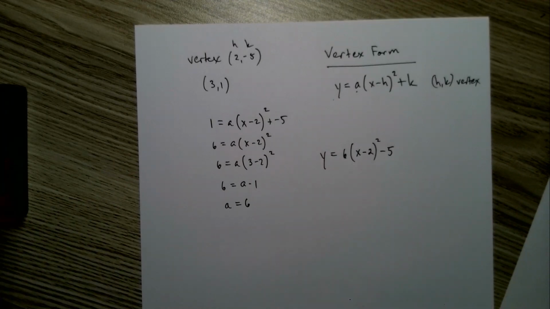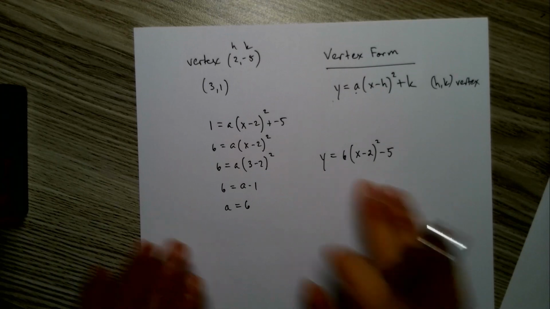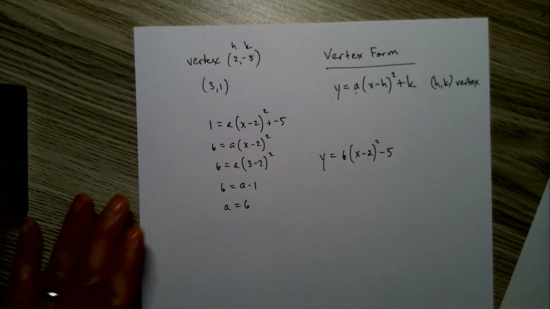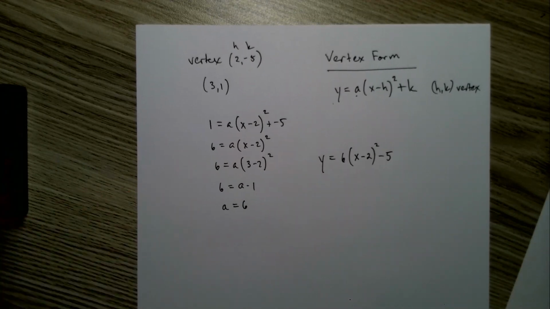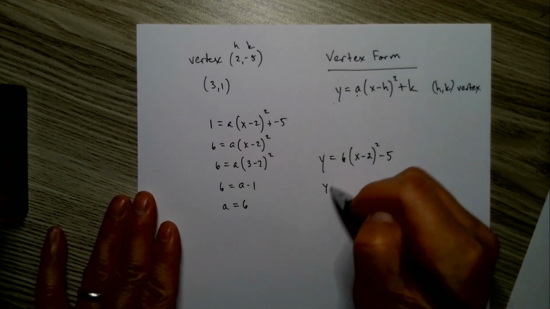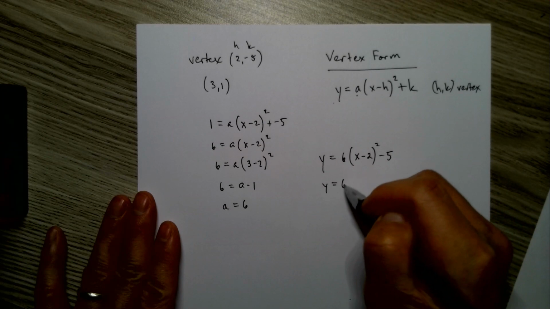And most of the time when they ask for a quadratic equation, they're going to want it in standard form. So I can't leave it like this. If the directions don't care which form, then you might as well leave it in vertex form, but I'll put it in standard form. So I just have to FOIL this out.